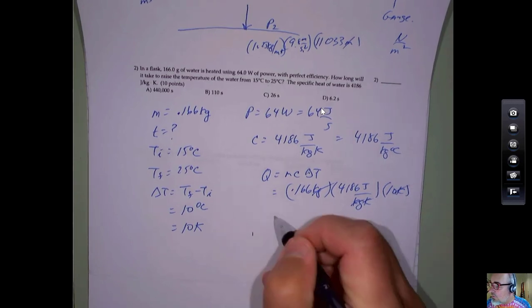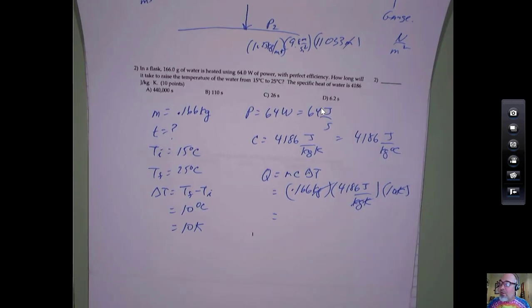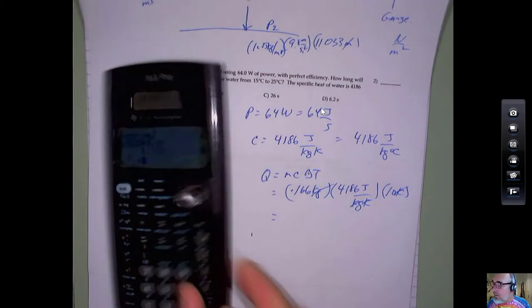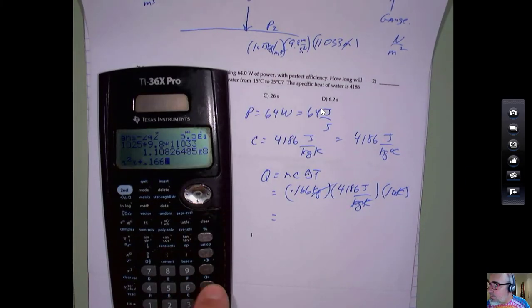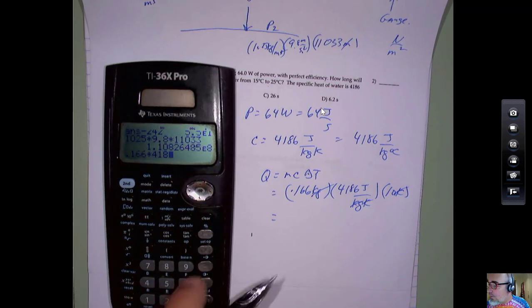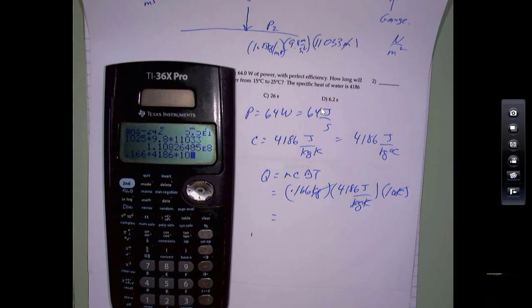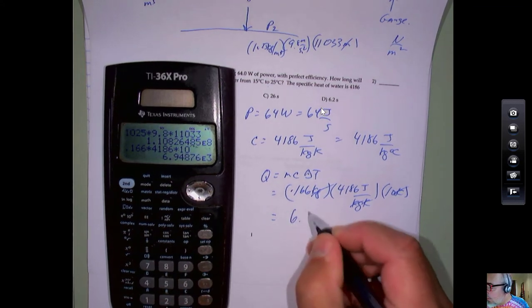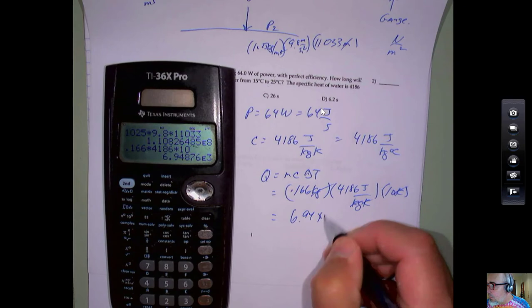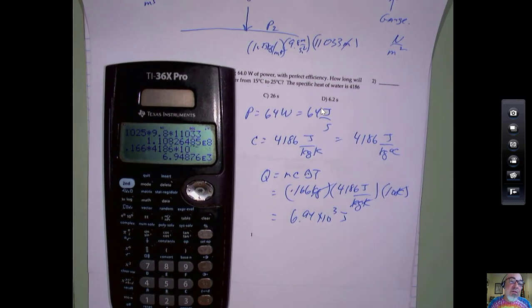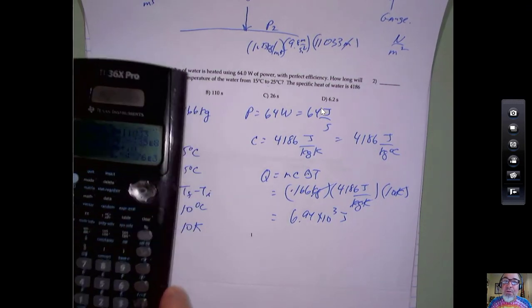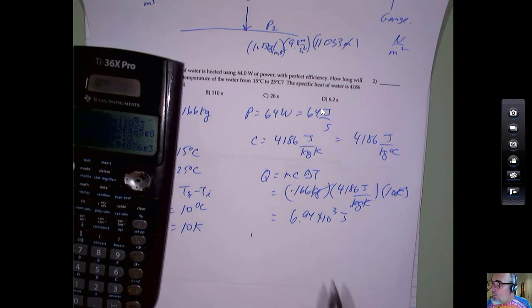So this is how much joules are required. 0.166 times 4186 times 10. Okay, so 6.94 times 10 to the third joules. Heat, energy, you notice the units are joules. Okay, so this is how much is required.